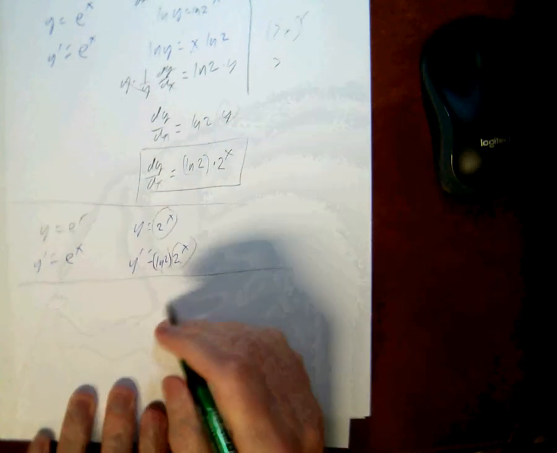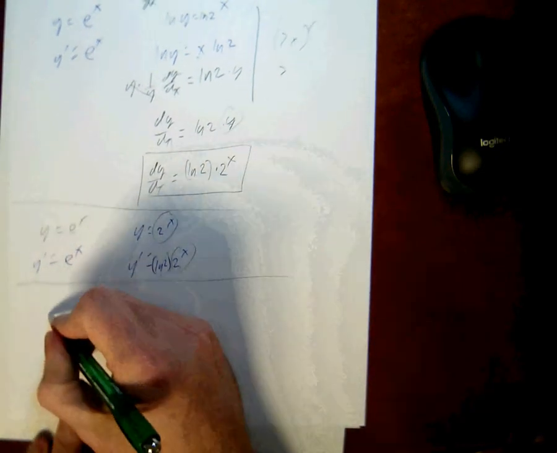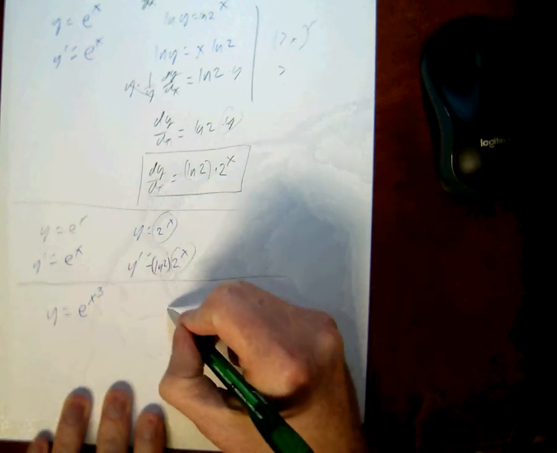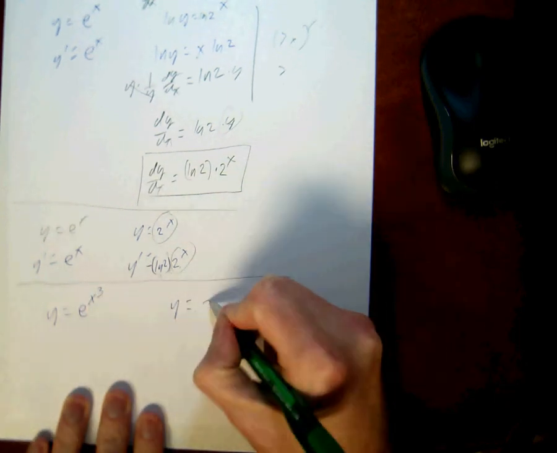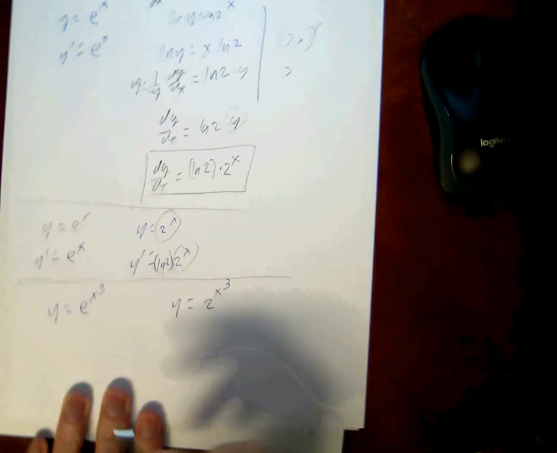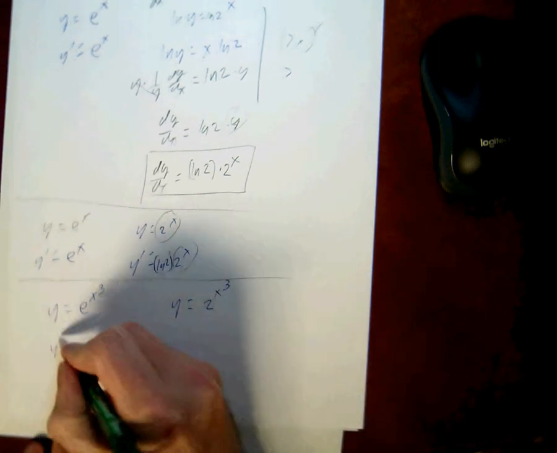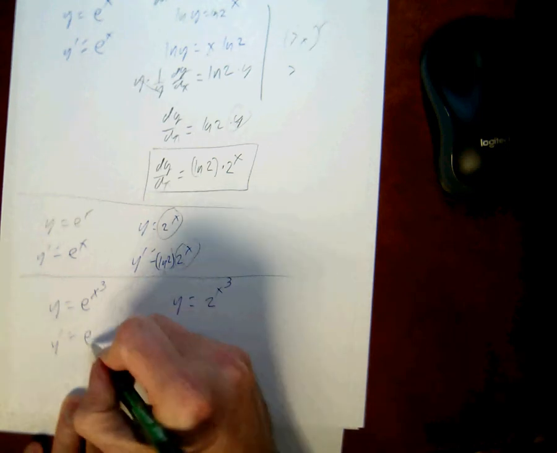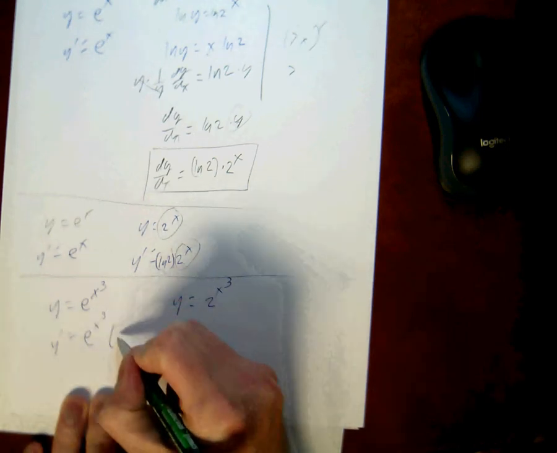Let's compare when they're a little more complicated. If I give you y is equal to e to the x cubed, and y is equal to 2 to the x cubed, how do we take the derivative of e to the x cubed? Well, the derivative of e to the x cubed is e to the x cubed times 3x squared.